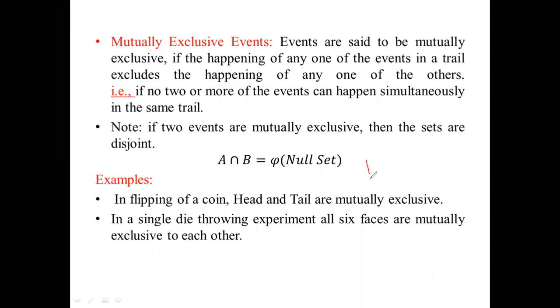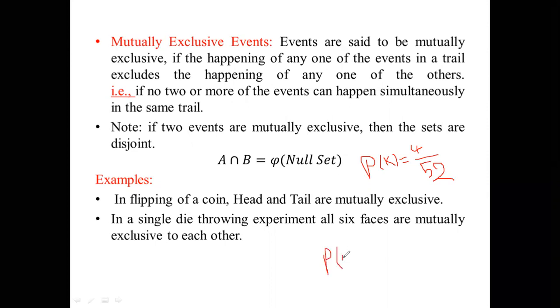the probability of getting a king: there are 4 king cards out of 52. So the probability of getting a king card is 4 by 52. This is my event 1. Similarly, the second event is the probability of getting an ace card.